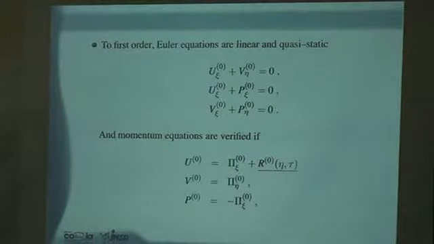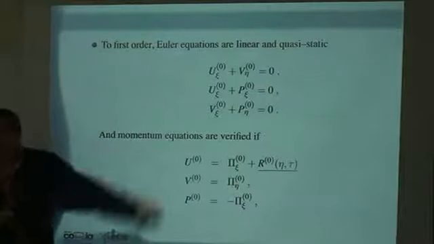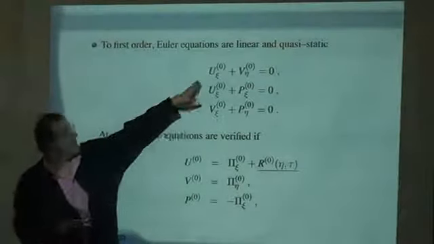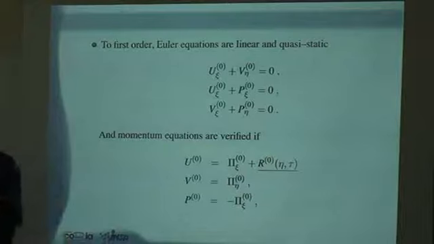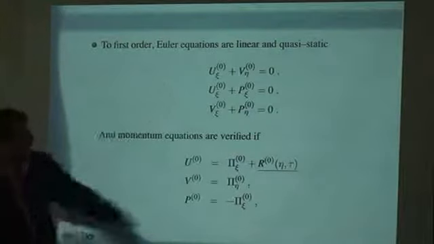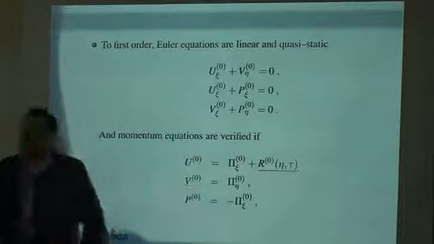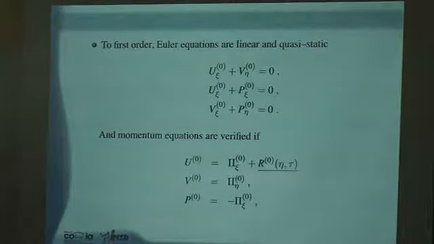So if we put only alpha equals 0, first order, we have these equations. These equations are linear and quasi-static. There is no temporal term. Okay? It's very easy. And we can verify this equation if we introduce, for instance, a vector potential, velocity potential.